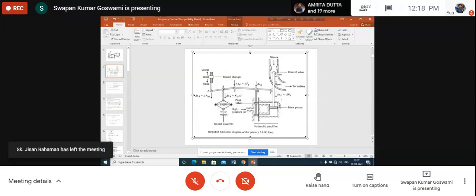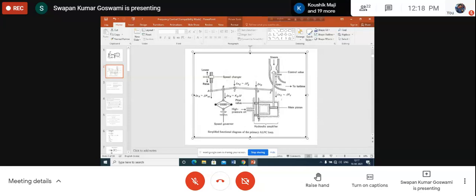And when everything becomes stable, finally at steady state, the power output will be the increased power output corresponding to the given power increase command. But when the steady state is reached, the position of the pilot valve has to be such that there is no oil movement between these two chambers. So at the new steady state, the increased position of the steam valve will be there, but this opening will be closed.